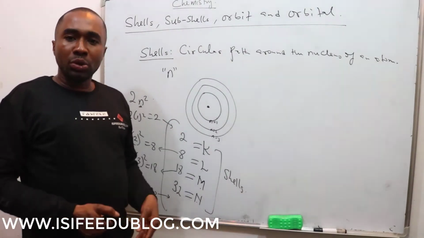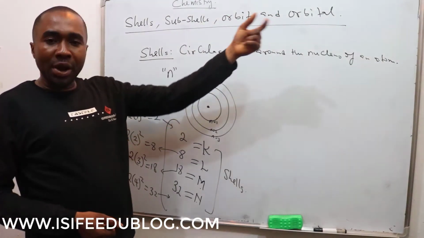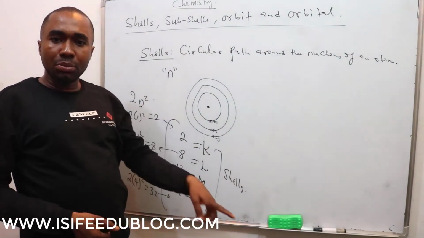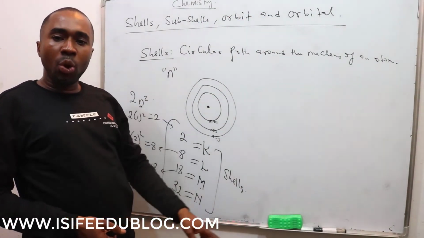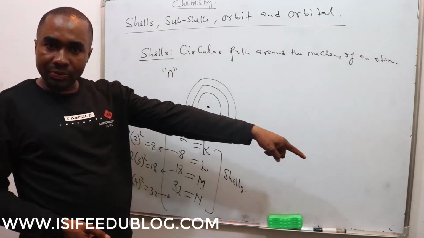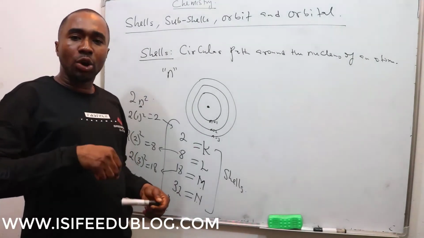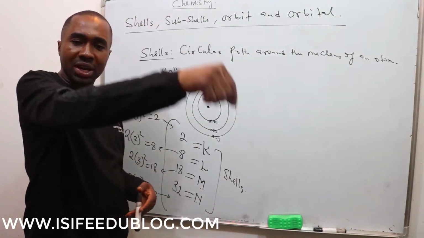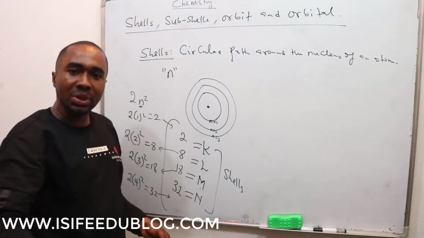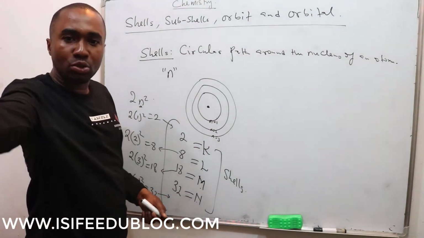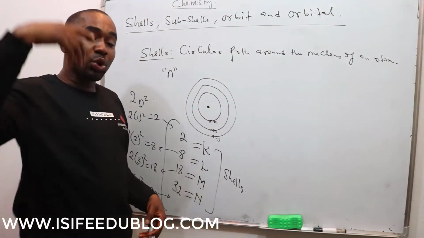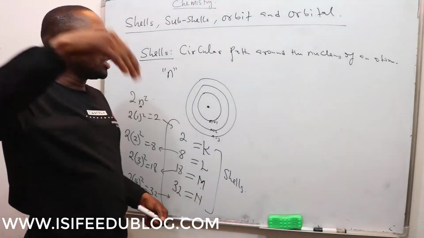Then you call another person to be building the house while you are the one supervising. That person is the subcontractor, but you are the main contractor because I told you to build a house for me, and you submitted the building plan to another person to help you do the building. So the next person, the third party, is the subshell.